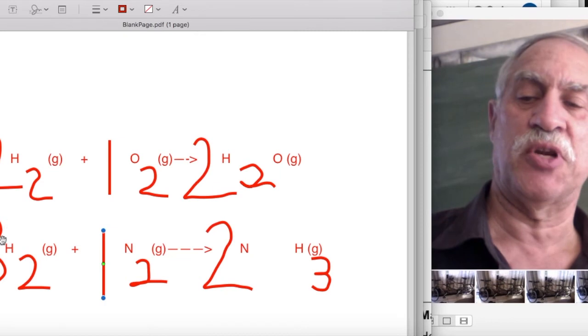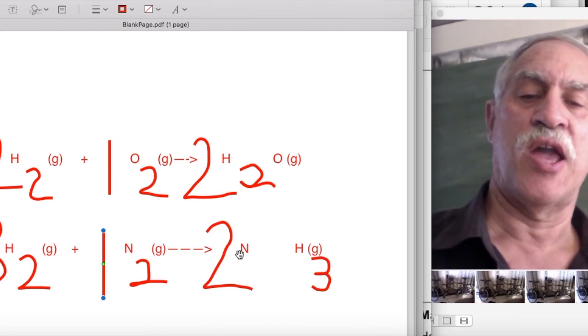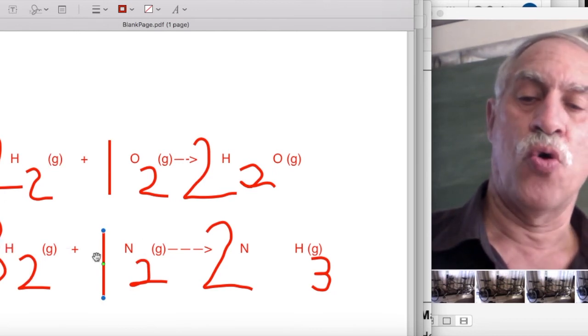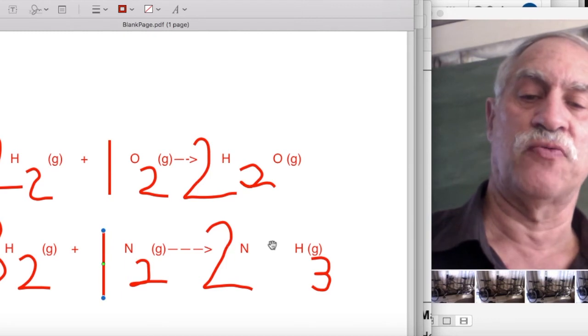So all that's happening is the H's and the N's are combining together in a certain ratio, and this is the volume of gas that we're going to have. This is called the Haber process, and to make ammonia, we're going to have 3 volumes of hydrogen, 1 volume of nitrogen goes to form 2 volumes of ammonia gas.